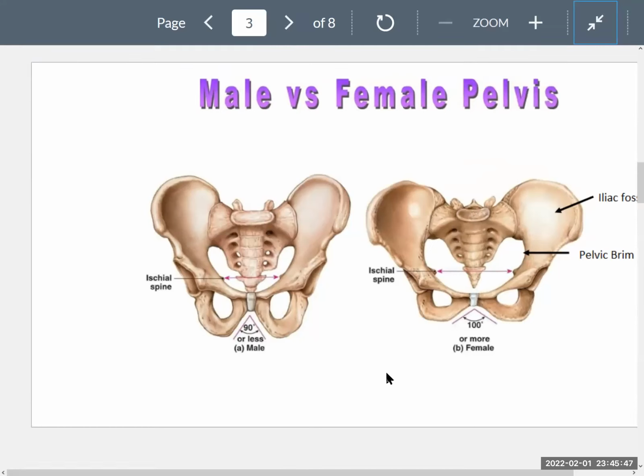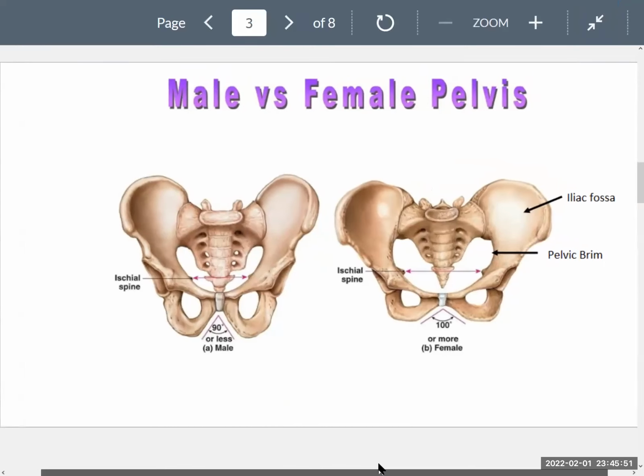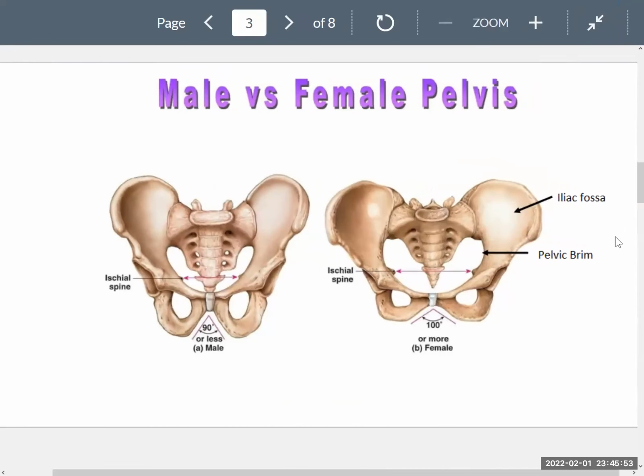Here we have everything put together. So we have a couple of things. Here's our iliac crest, not labeled, but in the anterior view, we have this rather smooth, large indentation. This is the iliac fossa, and it's in both diagrams.